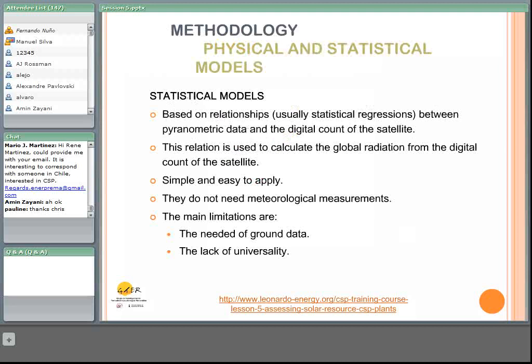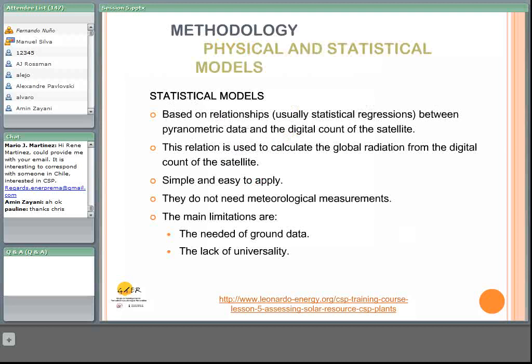but there are limitations because to adjust these models you need ground data, data measured on surface, and therefore they are not at all universal. If you adjust them with data from south of Spain, it's very likely that you get important errors when you try to apply them in England, for example.